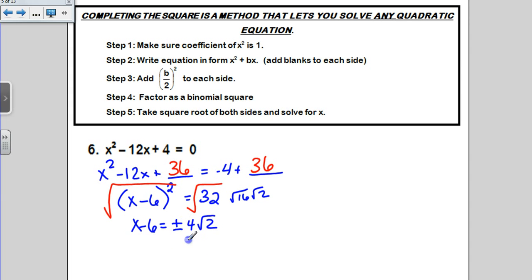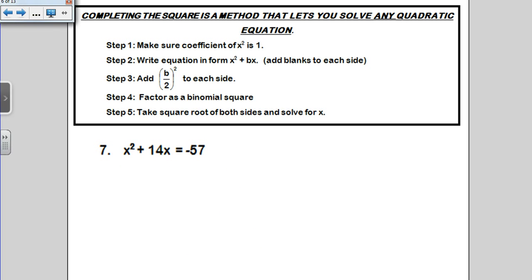So our final answer is x equals 6 plus and minus 4 square roots of 2. So far these answers haven't been real pretty, so I'm thinking there's only a couple of methods I could use to solve these quadratics and get, you know, a clean answer that wasn't a decimal, and that would either be completing the square method or something called quadratic formula, which we're going to learn in the next lesson.